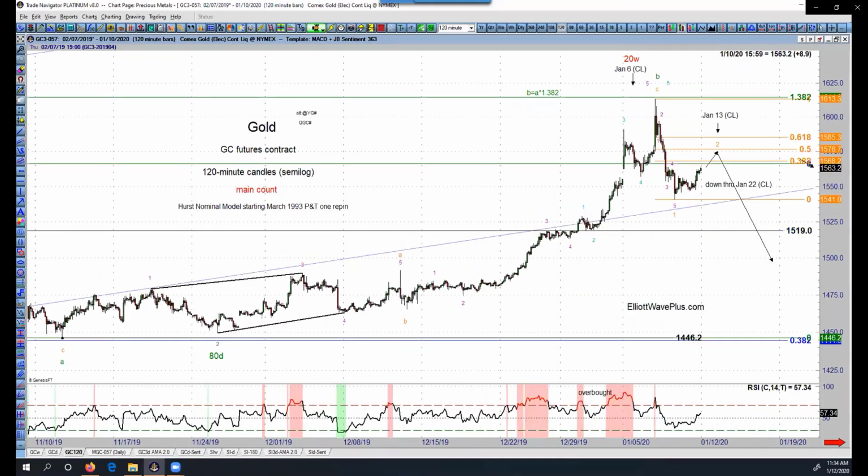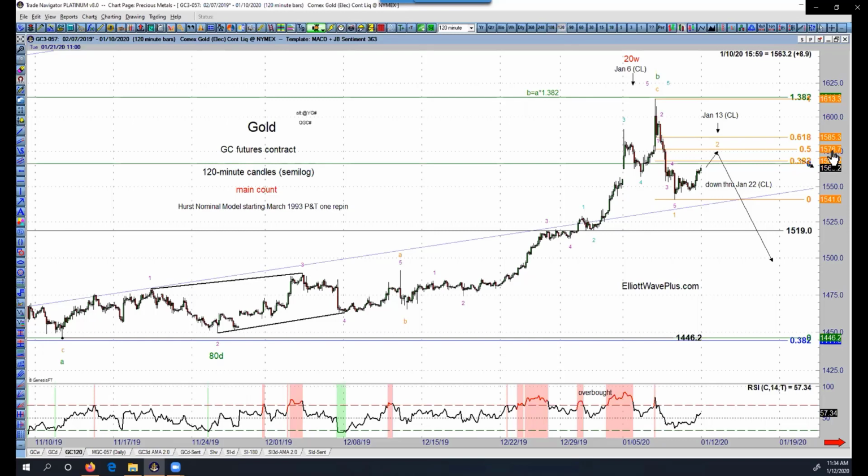The 120-minute chart in gold this week shows a really clear 5-wave structure to the downside. So whatever gold does as it recovers over the next few days, I think will be a corrective structure, and will likely stop going up somewhere in the typical Fibonacci retracement zone.